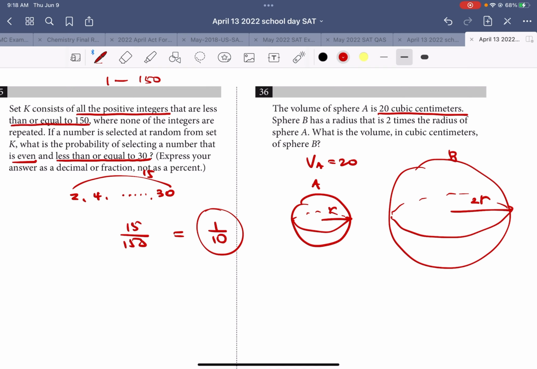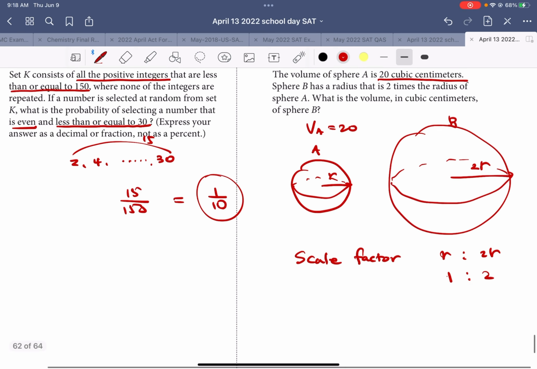If you have a scale factor of 1 to 2, scale factor is the ratio of the radius in this case. So R2 to R is 1 to 2.